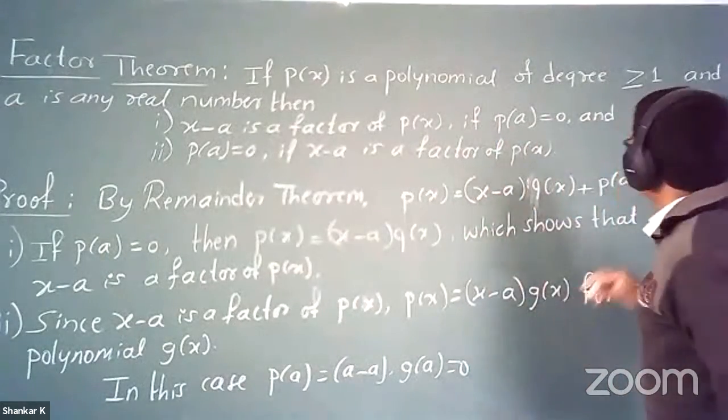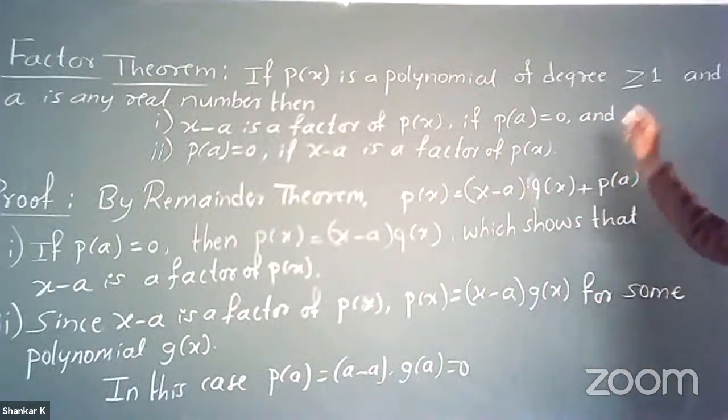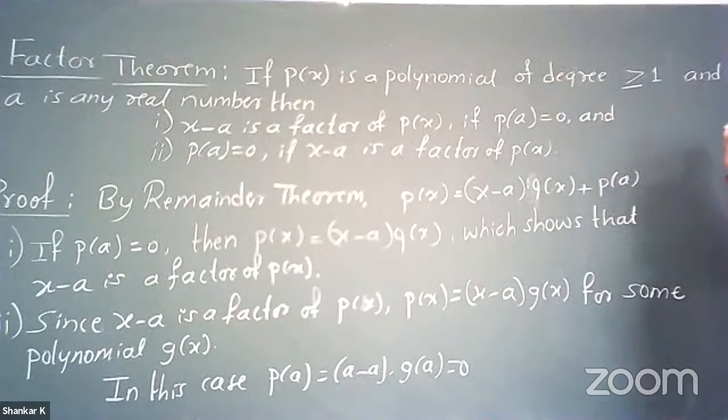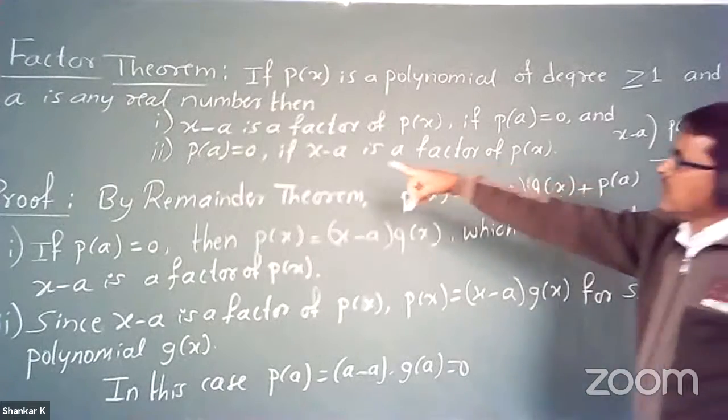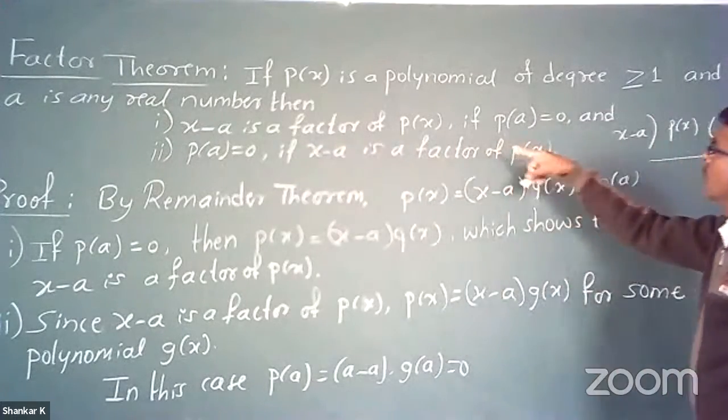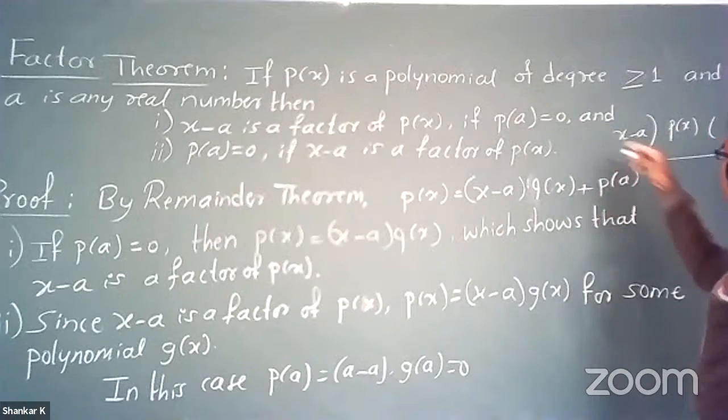If you have not understood, once again I will say what the statement is. P of x is a polynomial. If you divide P of x by x minus a, what they are saying is that x minus a is a factor of P of x if P of a is 0.